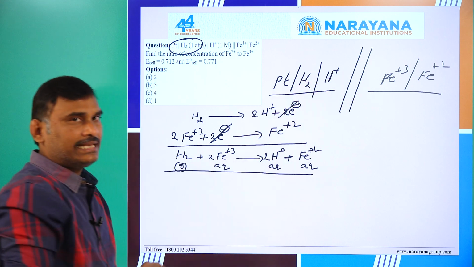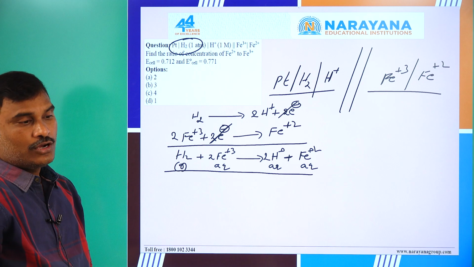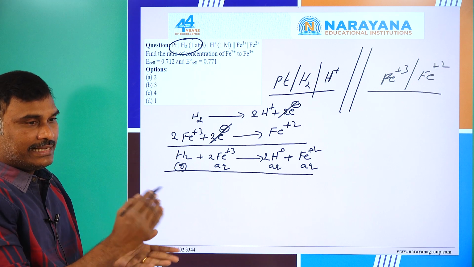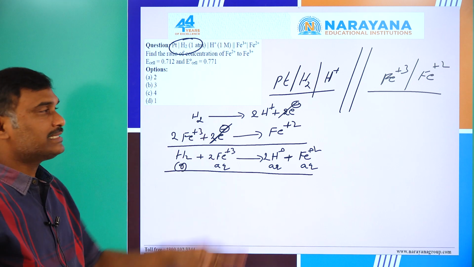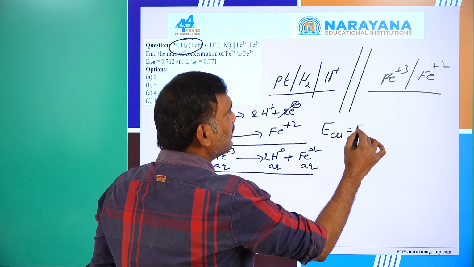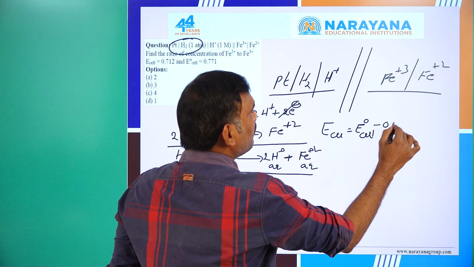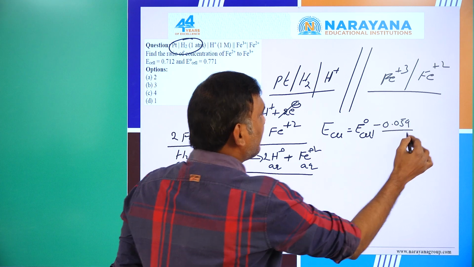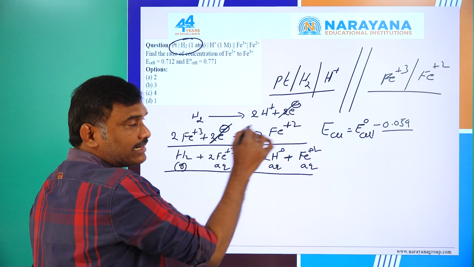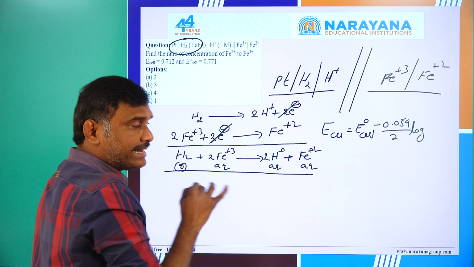To find out E cell, E naught cell is given. To find the relation between E cell and E naught cell at a different concentration, we use the Nernst equation. E cell is equal to E naught cell minus 0.059 by n, where n is the number of electrons transferred, times log of product concentration by reactant concentration.